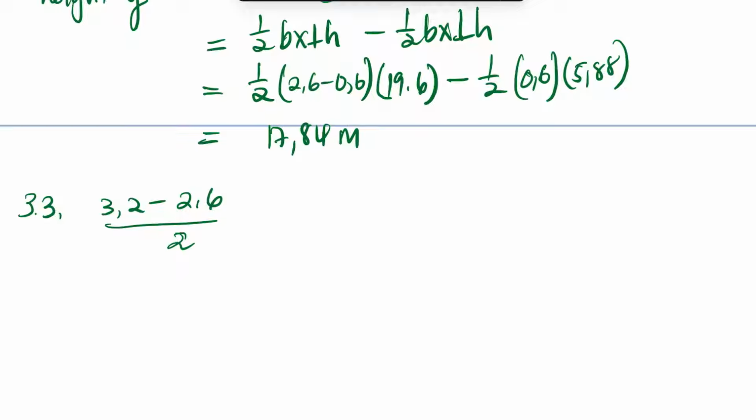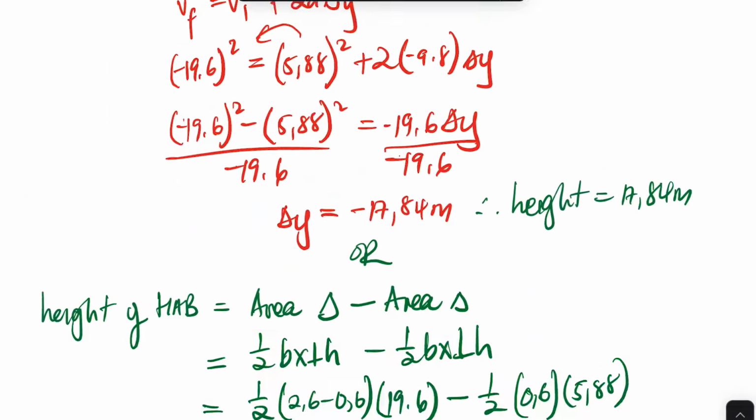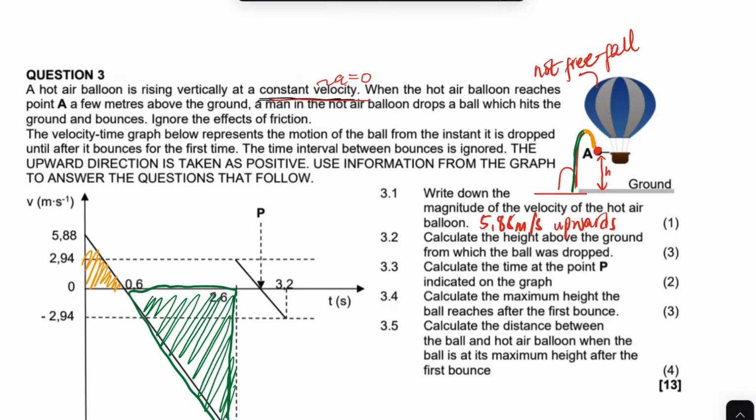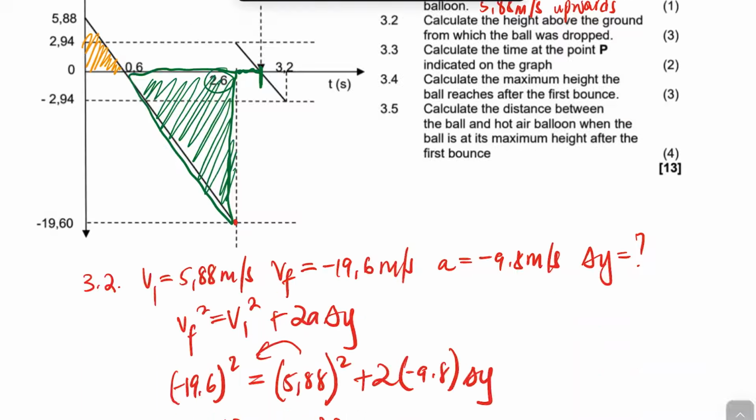So I say 3.2 divided by 2, and another thing that is important, I have to add. So it will just give me the number from there to there. And I have to say plus 2.6 so that I can get it exactly.